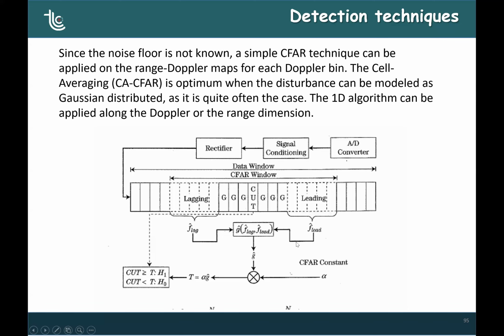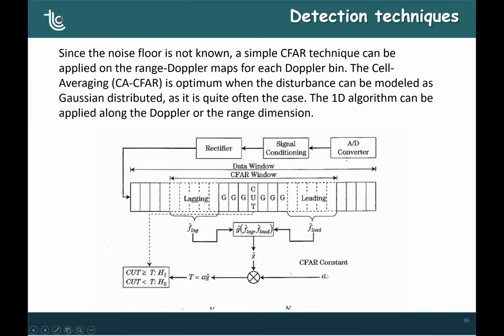Then we combine these two values from the lagging and the leading range cells, and we build this adaptive threshold G hat, okay? Then we multiply this G hat, which depends on the data, so it is an adaptive threshold, times alpha. Alpha is a constant, okay?